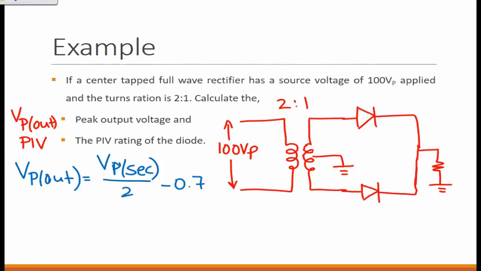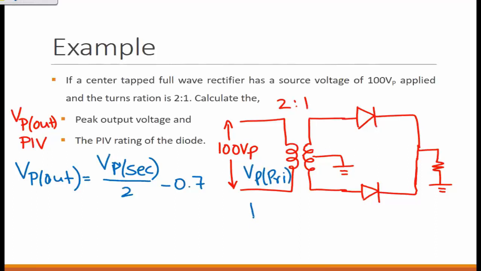So this is the formula for the center tap transformer with a full wave rectifier. So we have to find the secondary voltage. Since the primary voltage is given as 100 volts, remember that this is only peak voltage, and only the primary voltage of the transformer.